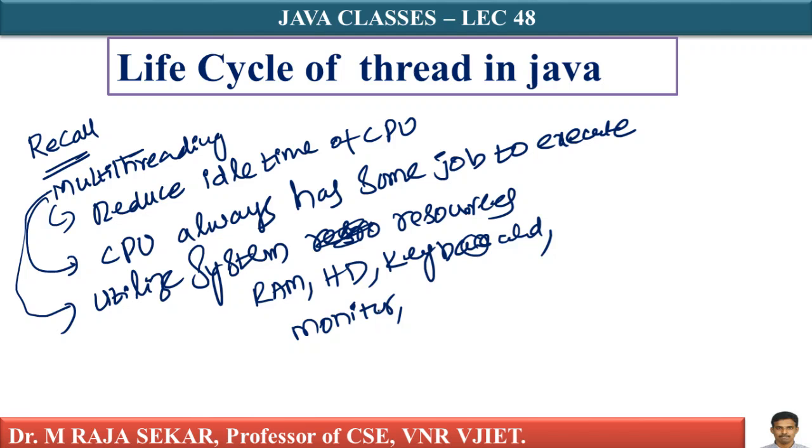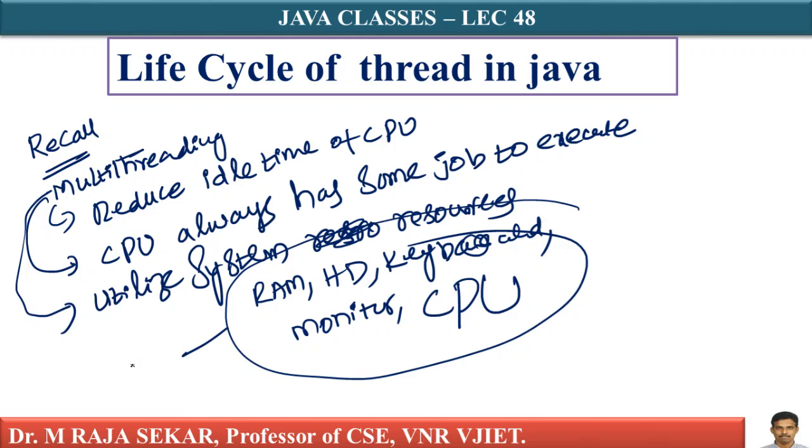Multi-threading is a concept in which, even if you speak strictly, the biggest resource of a computer is the central processing unit. You can use all these system resources efficiently. That is important. You can get optimal benefit out of all these resources.